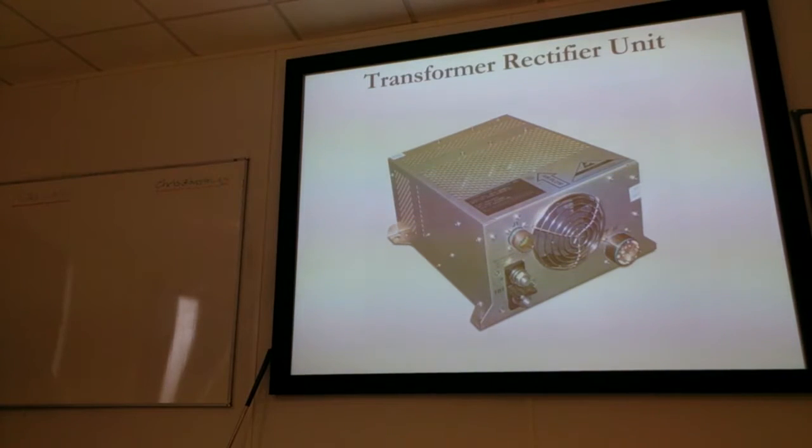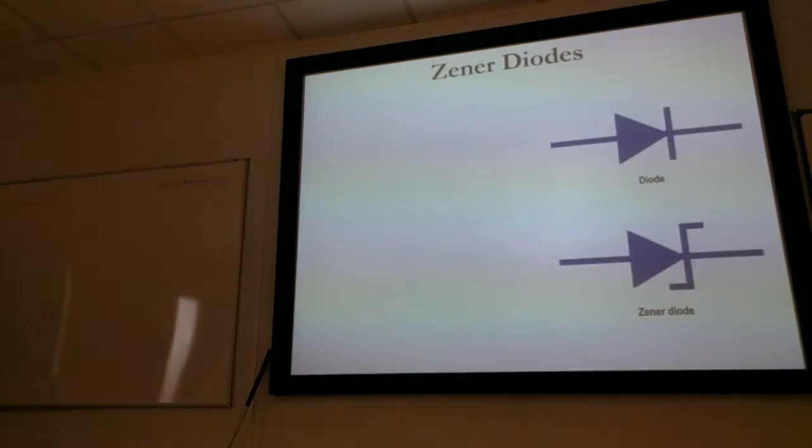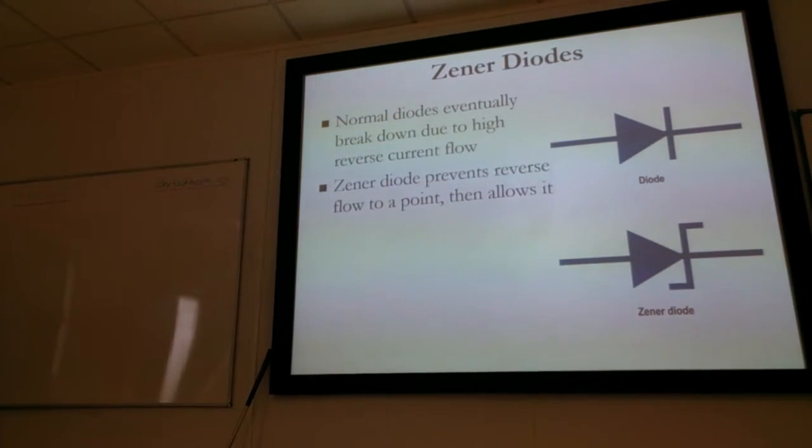TRU. As well as normal diodes, you can have a thing called a Zener diode. Now, a normal diode, eventually, like any non-return valve, would break down because of the high reverse current flow. It's trying to batter its way back in. Eventually, a normal diode would break down. A Zener diode prevents reverse flow up to a point, and then it allows it.